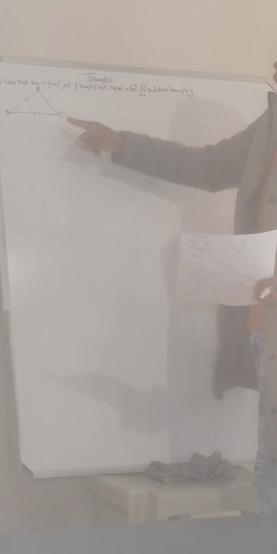This is A, B, and C: AB, AC, BC. If 3 sides are equal, all those 3 angles are also equal, and each is 60 degrees. So 60, 60, 60. Such a triangle is an equilateral triangle.